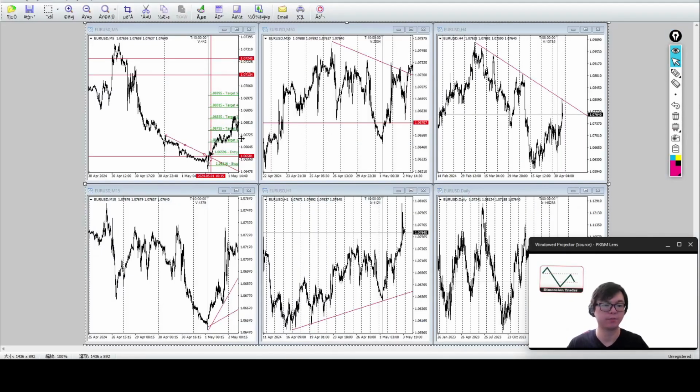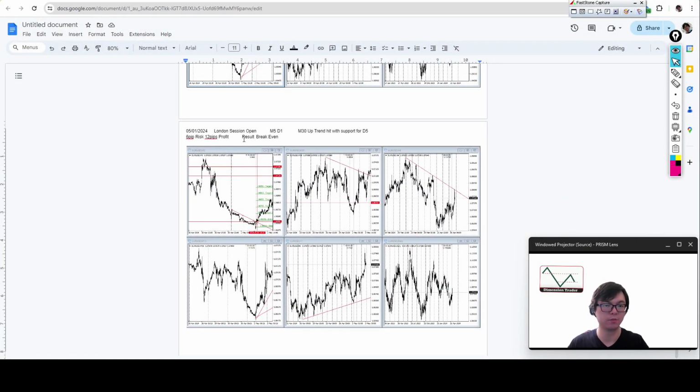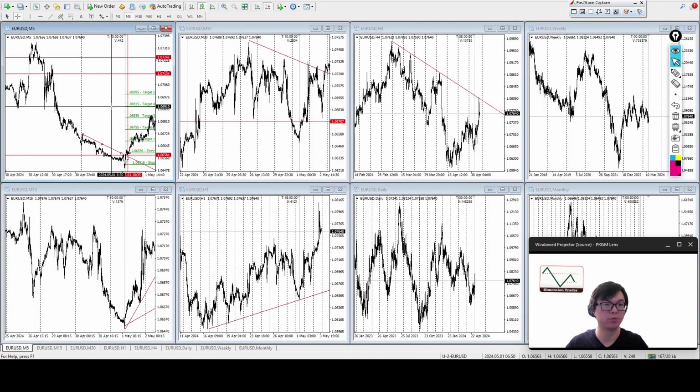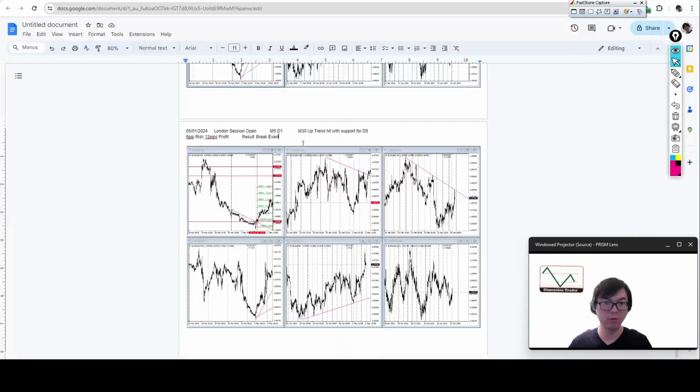Risk is going to be 10 pip and 20 pip. As a result, this is a win.